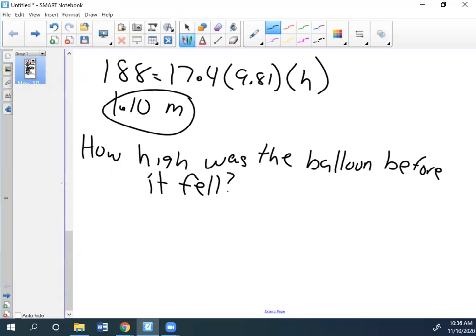You'll notice in your homework today, the first 5 or 6 questions all look longer, they're all from the same storyline. So it'd be like A, B, C, D, but I made them into separate ones. So how high was the balloon before it fell? How would I do this?